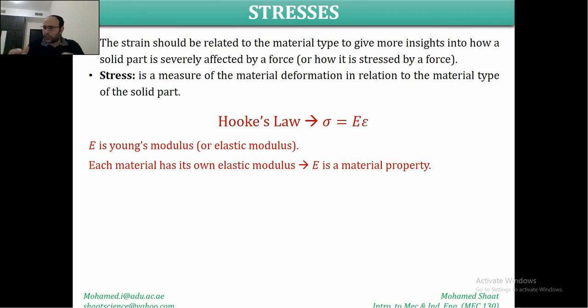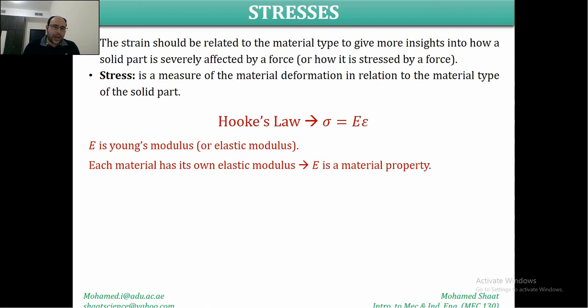One of these mechanical properties is the elastic modulus. But in addition to the elastic modulus, there is the shear modulus, the plasticity limit, for example, or the fracture limit for the material, the ductility, the brittleness of the material. There are lots of mechanical properties that distinguish one material from another.